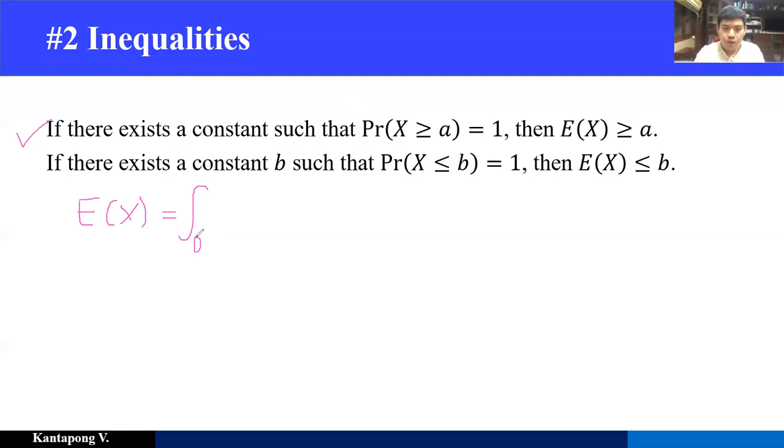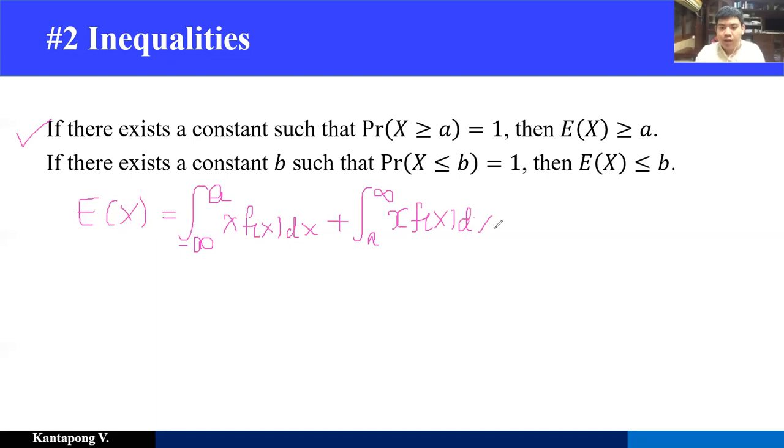E[X] is the integral, let's say it is continuous, from minus infinity to a of x f(x) dx, plus the integral from a to infinity of x f(x) dx.